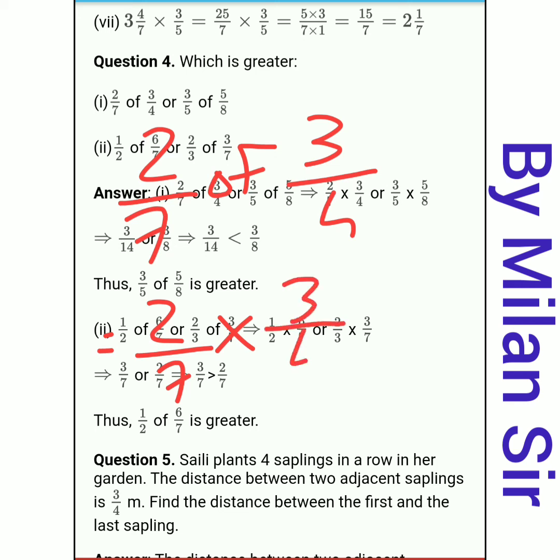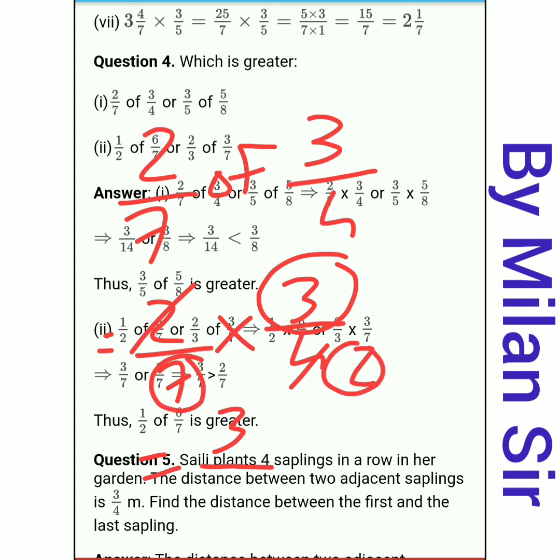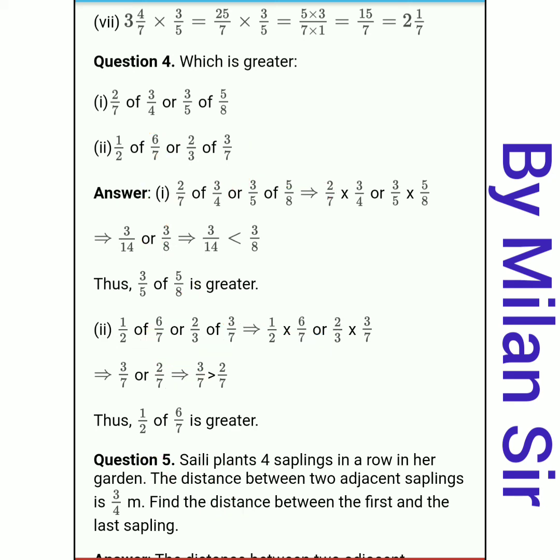Then 3 by 4. Now here we can cut this. 2 fours are 4, right? So in numerator 3, denominator 7 twos are 14, right? So this is the answer of our first part, 3 by 14. So answer 3 by 14.